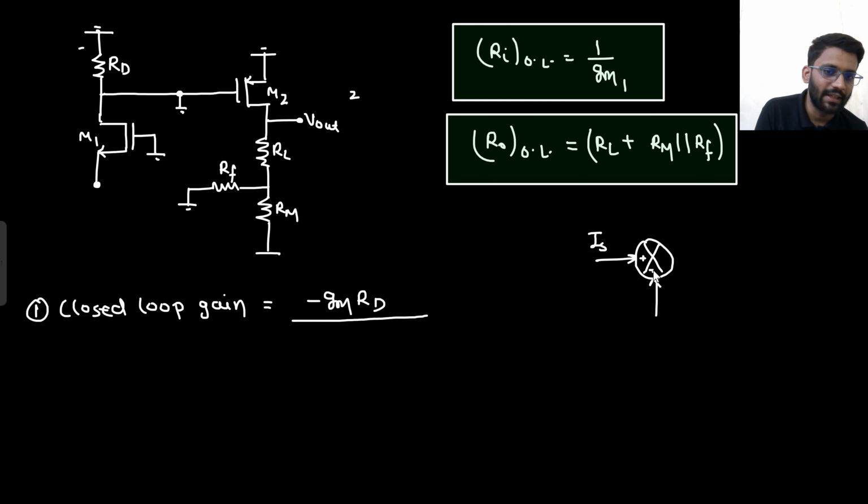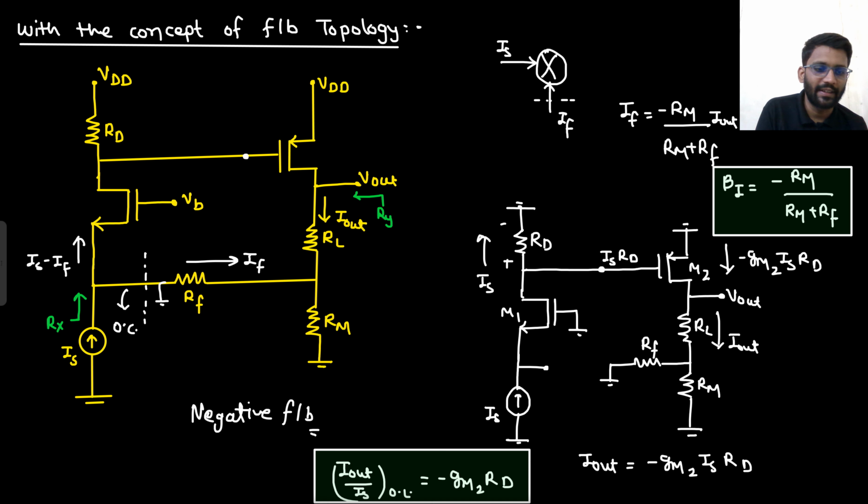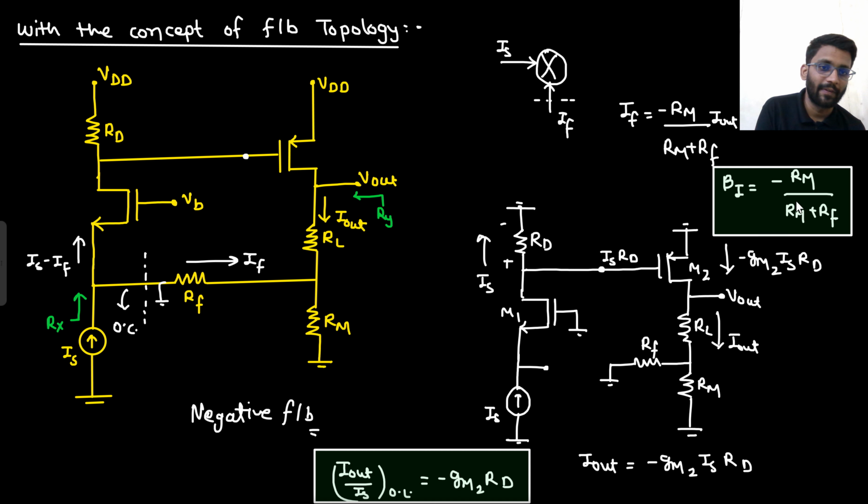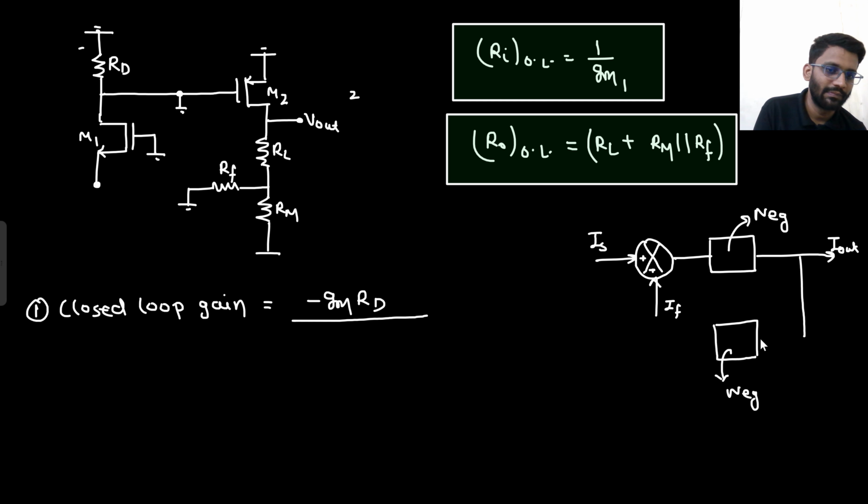So basically this is the IF that we are taking. Now this is the forward gain. Forward gain was negative. So this is negative, right? Then you had some I out. Then you had the backward, then you had this feedback factor. This is also negative. Feedback factor, you can see this is also negative.